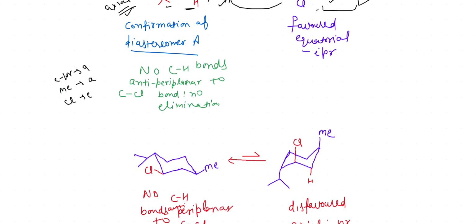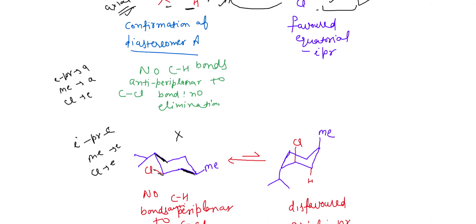All the groups are present at the equatorial position. Okay, now check the carbon-hydrogen bonds parallel to this chlorine. There is no carbon-hydrogen bond. There is a carbon-carbon bond parallel to this chlorine, this one and this one. There are two bonds which are parallel to this carbon-chlorine bond. So there are no CH bonds. That's why there is no elimination reaction in this.